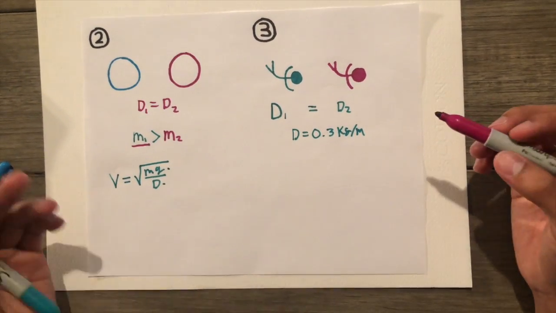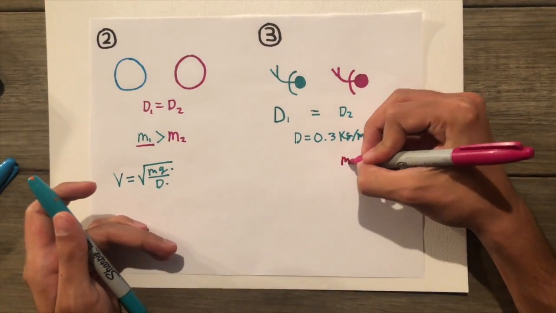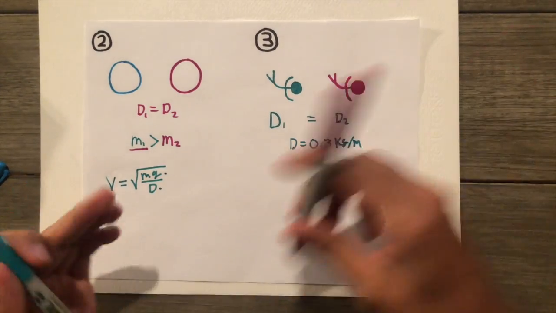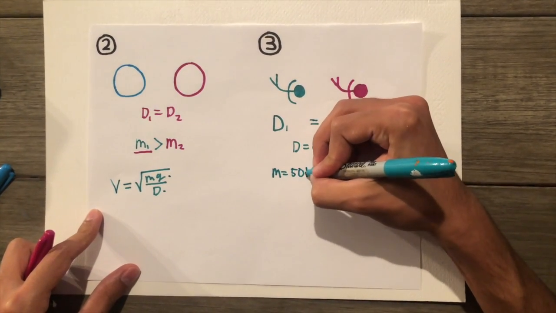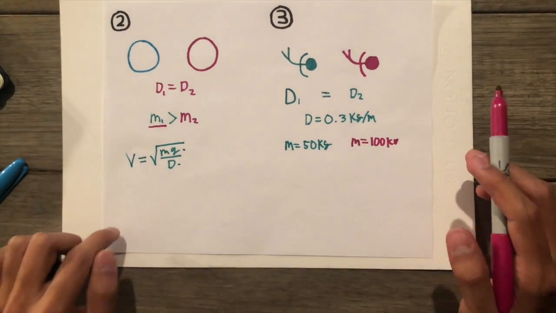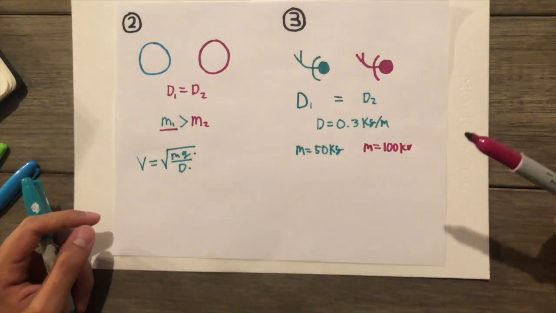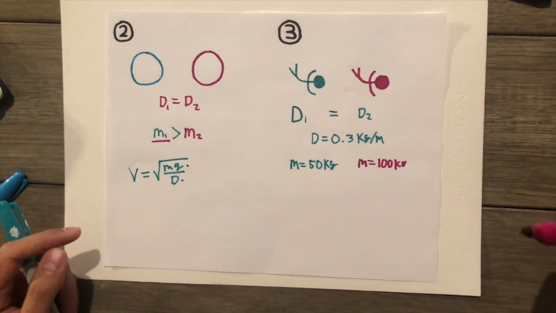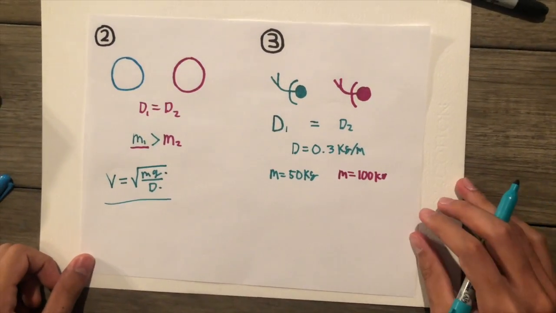But, like in the previous example, the one on the right has a mass of 100 kilograms, and the one on the left has a mass of 50 kilograms. So we already know that the one with the higher mass is going to reach a higher terminal velocity. But let's prove this by plugging in the values in the formula that we already have calculated.